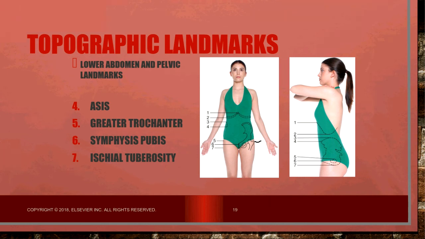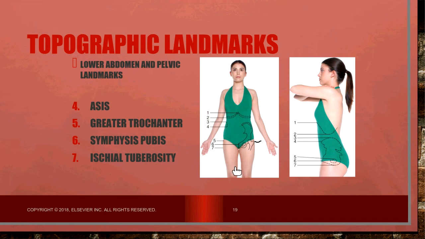Instead of palpating the patient's pubic symphysis, we simply palpate the greater trochanter, and it's actually found on the femur. Number six is the pubic symphysis, which is the lower border of the abdomen. It references the lowest border of the abdomen, or the inferior border, and that is your pubic bone, the superior portion of the pubic bone.